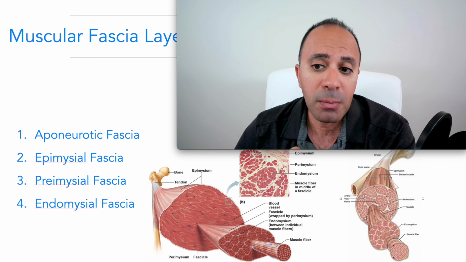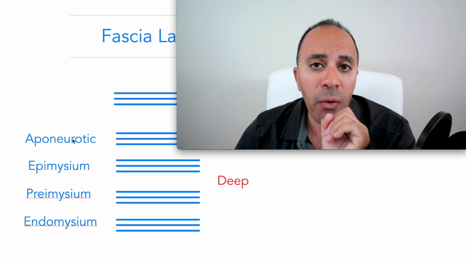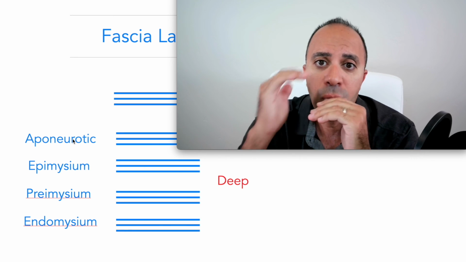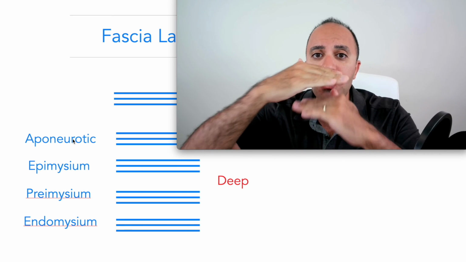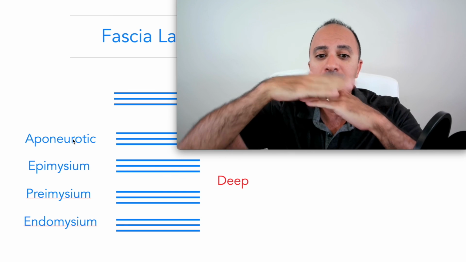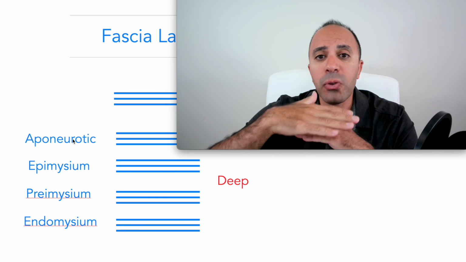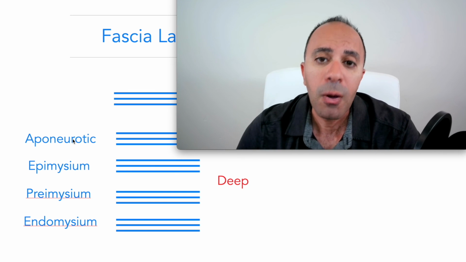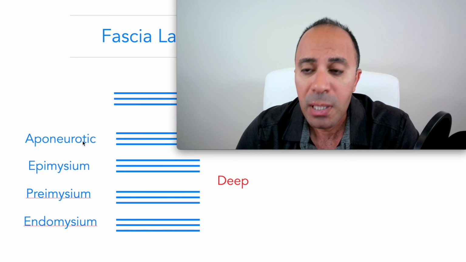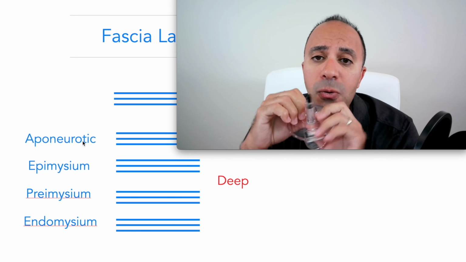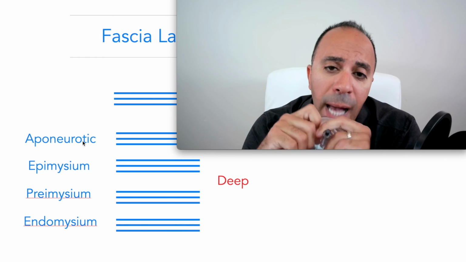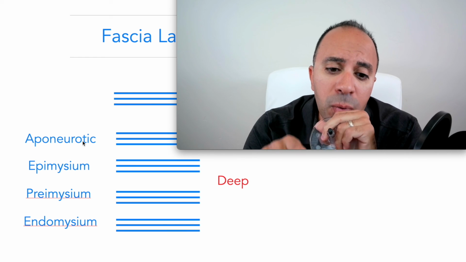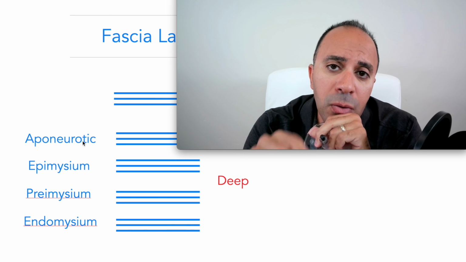So to make things more complicated, each of those layers has 2 to 3 sub-layers. For example, the aponeurotic fascia has 2 to 3 aponeurotic fascia layers, and the epimysium has 2 to 3 epimysium layers, which makes it more complicated, but the treatment is simple. And that's why the massage or the foam roller is not gonna go deep enough to cause mechanical force to do the release.